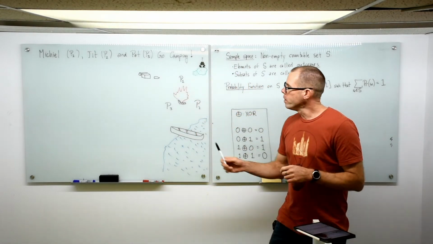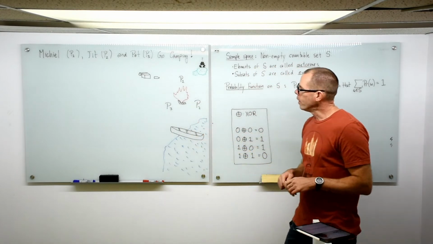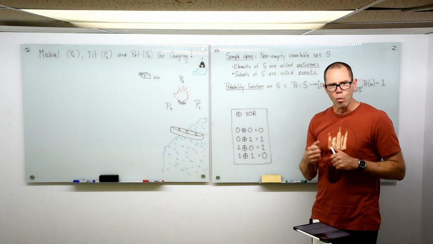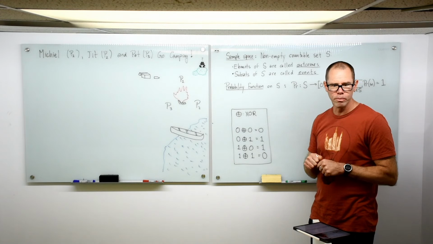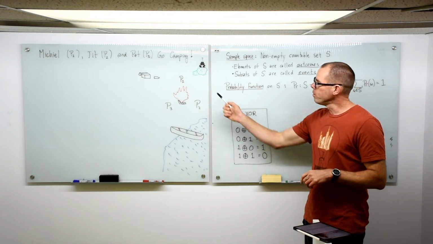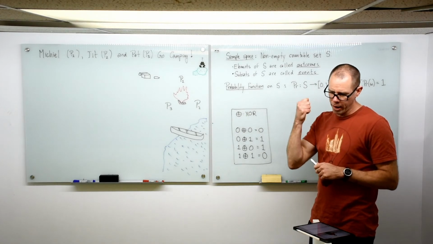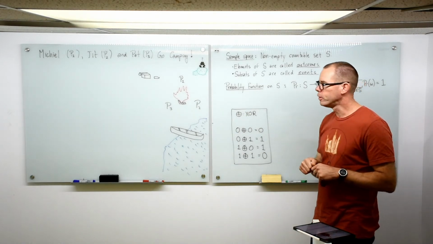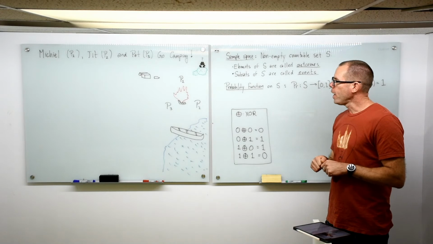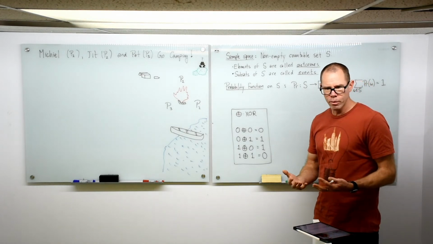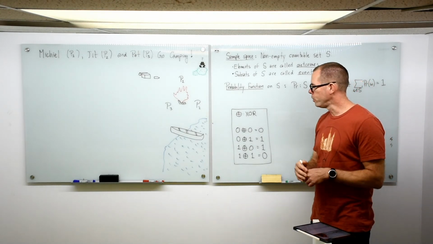One of these three people maybe has a bit, one, that they want to broadcast. So if one of them is the drinker of the whiskey, they have a bit, one, that they want the other two people to know, and they don't want to identify themselves. So they're going to run a protocol to do this.